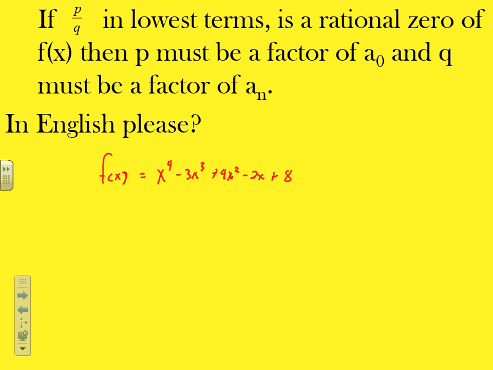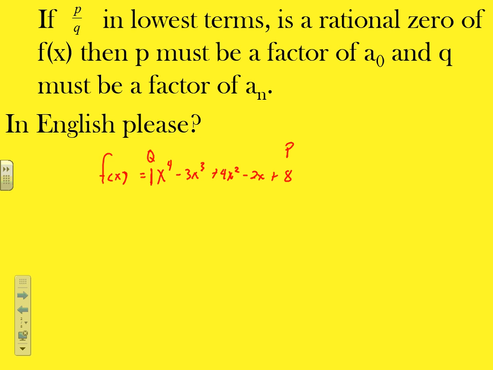What this is telling you is that we're going to take a look at all of the potential factors of a number that we would refer to as a p number and a number that we would refer to as a q number. This number here, the constant number, is a p-value. The coefficient of your leading term, which in this case is a 1, is your q value.